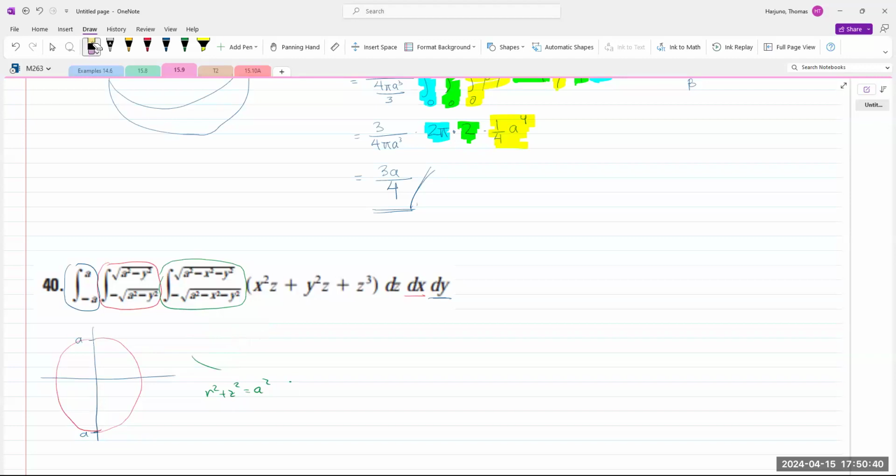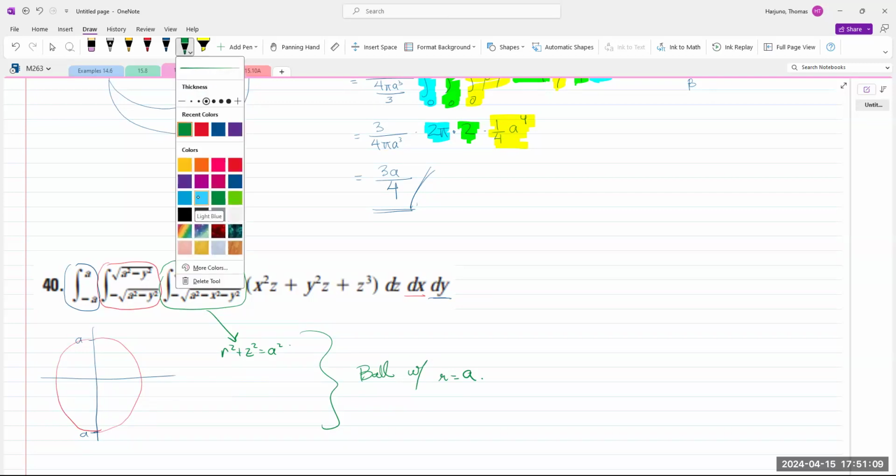Maybe I write it in a better sense. This is r squared plus z squared equals a squared. So in total, that's a ball with radius a. Okay, now how about the integrand?